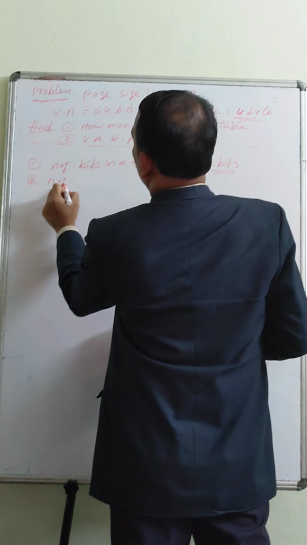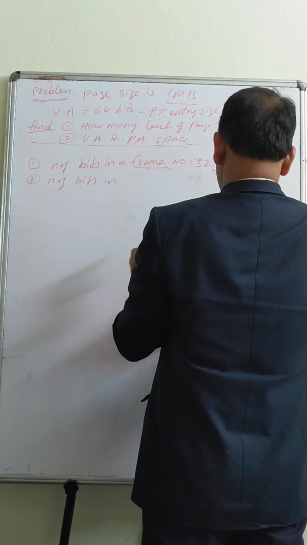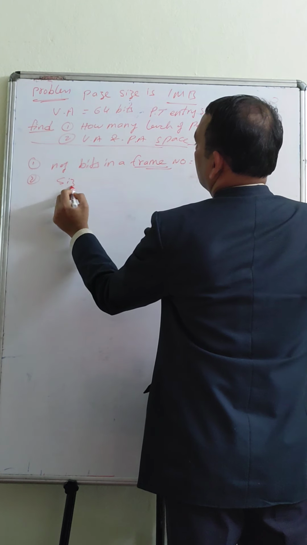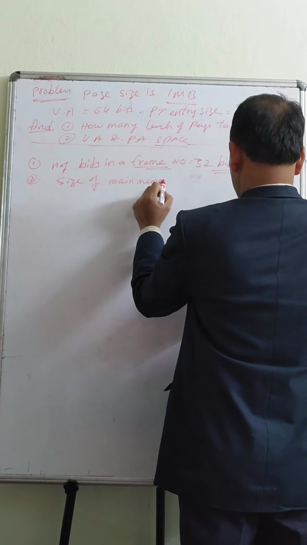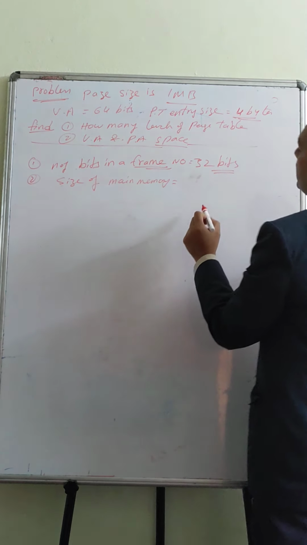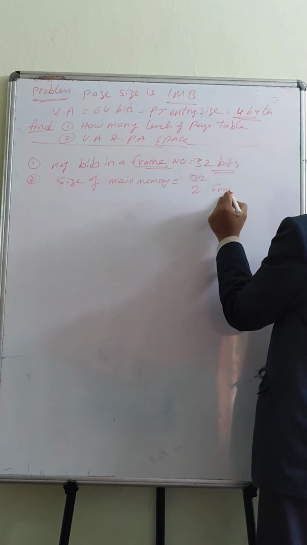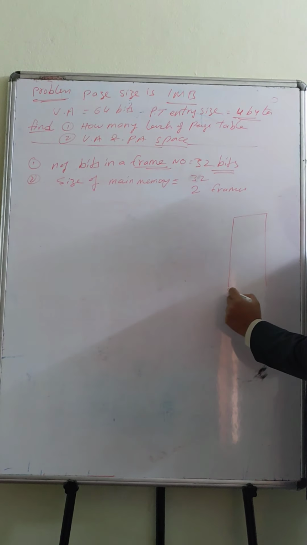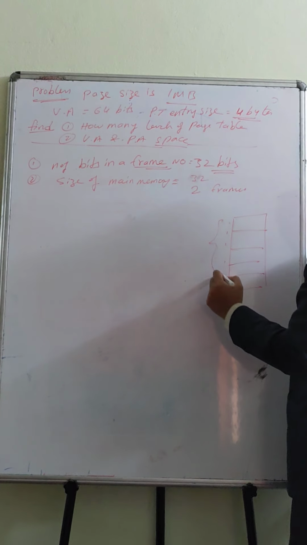Number 2, now we can calculate the size of main memory. The main memory size is 2 power 32 frames. Each frame, it means main memory is having 2 power 32 frames.